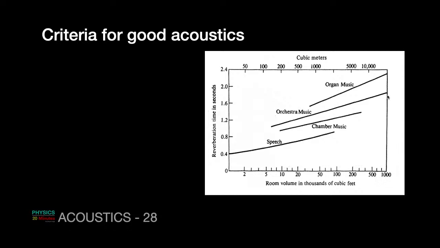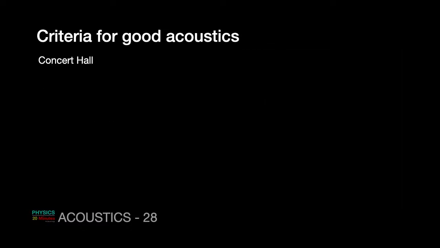You can see that for orchestral music, the reverberation time should be 1.7, 1.8 seconds. And you can see that it is not so good for speech at all. If it is music, then it's fine, but just for talking, it will not be that good. It will be mostly inadequate.